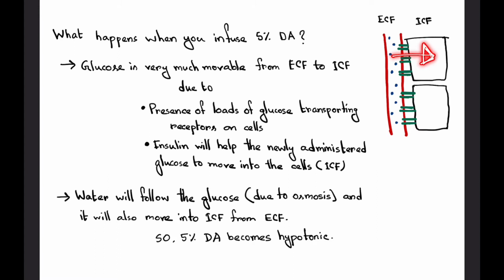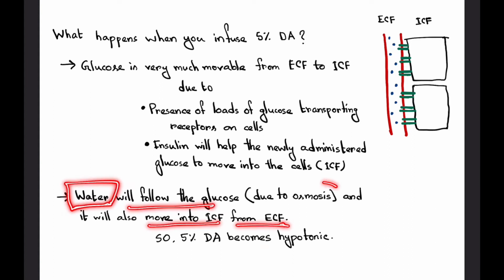This movement of glucose is aided by the presence of loads of glucose transporting receptors on the cells of our body, and insulin will help the glucose to move through these receptors. So the water of ECF will now follow the glucose, which has moved from ECF to ICF. The water will also move into the ICF from ECF due to osmosis, and it is a simple osmosis, right?